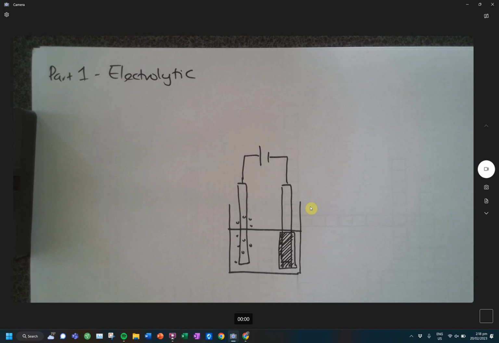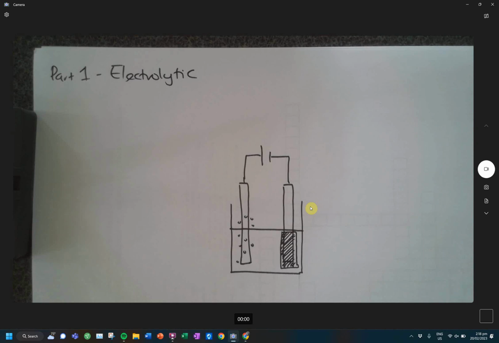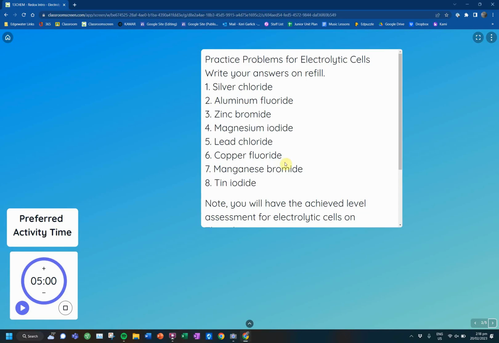So in order to avoid that level of complication, I make them all molten. There's nothing in the assessment criteria that says you have to be able to distinguish whether or not water is being oxidized or reduced, so that's why I don't include it. So if we look at the practice problems I've given you, I'll do the first one, which is the silver chloride, and show you how to write it up.